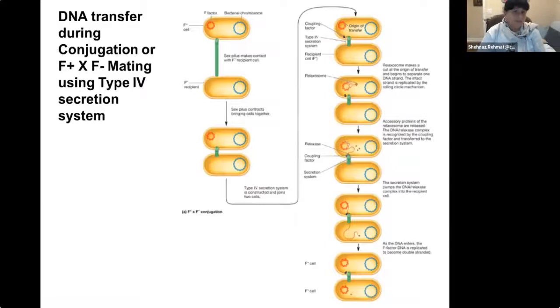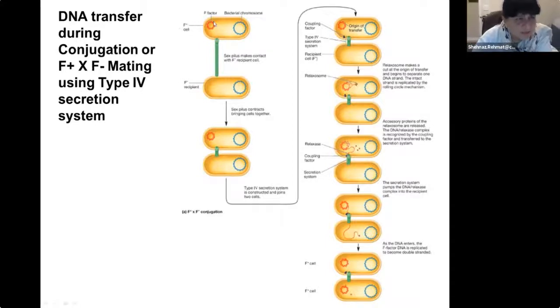So we talk about conjugation. Now there are two cells that are conjugating together, and of course we call them donor and recipient. The donor and the recipient are usually differentiated by the donor having the F plus plasmid. The fertility factor is called the F plasmid.